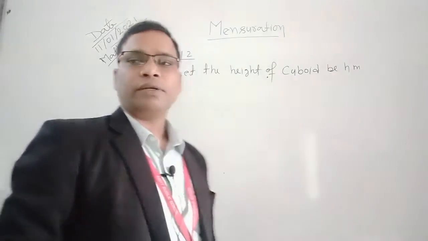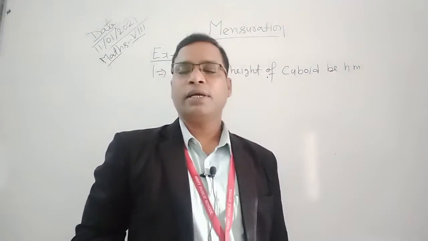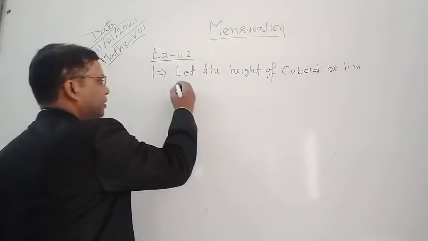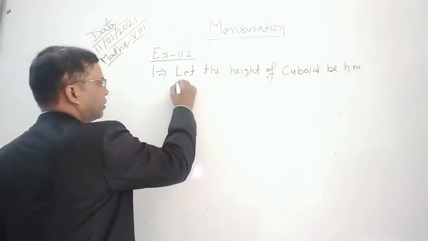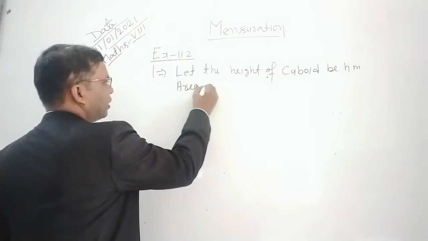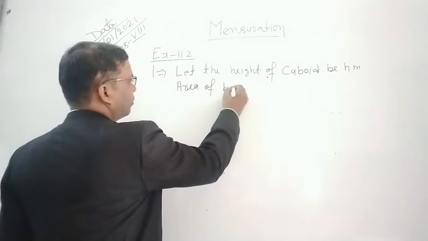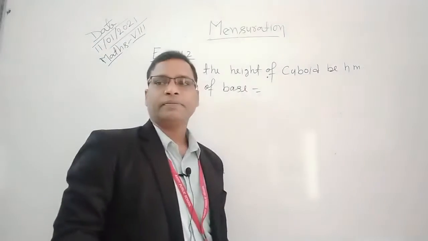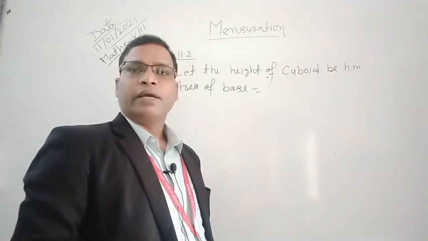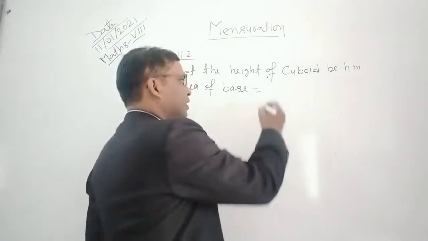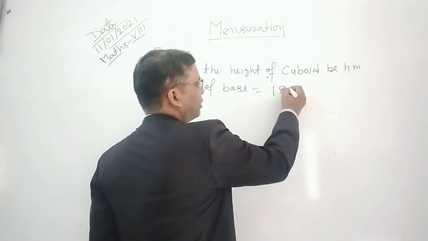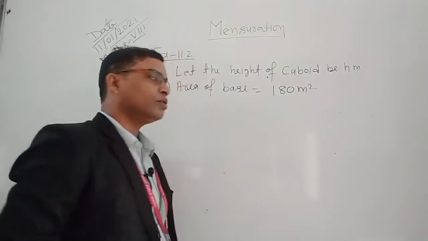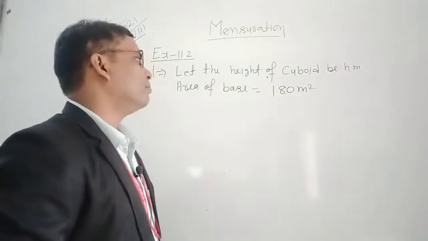base area, first write the base area of the cuboid. Area of base of the cuboid is equal to, this is given, 180 meter square.